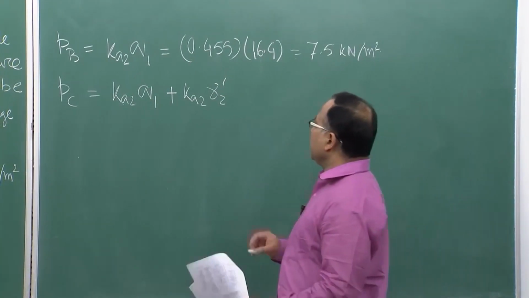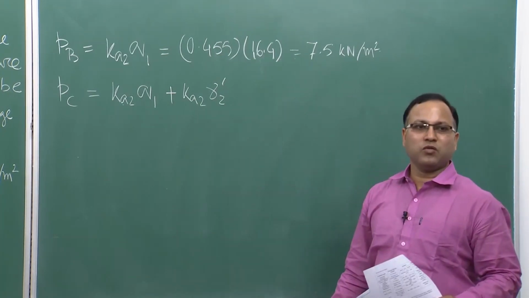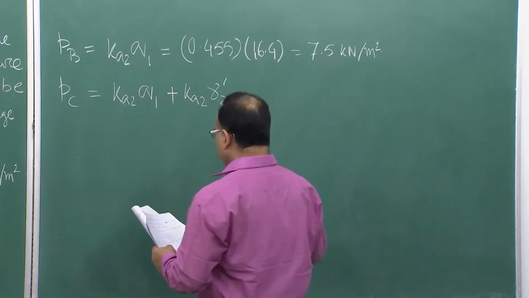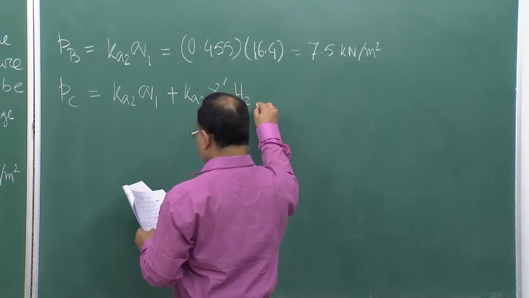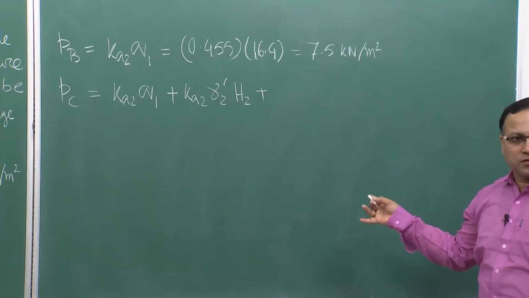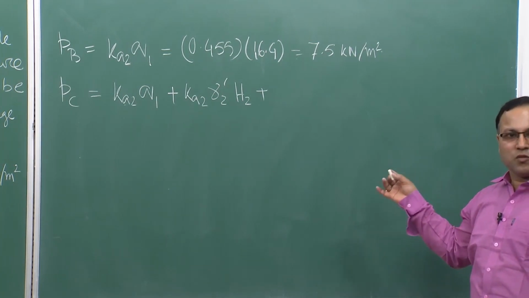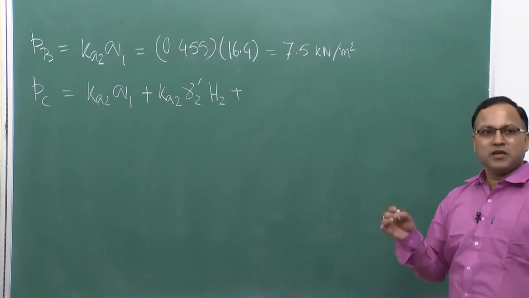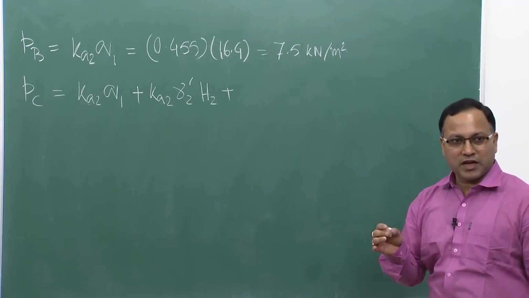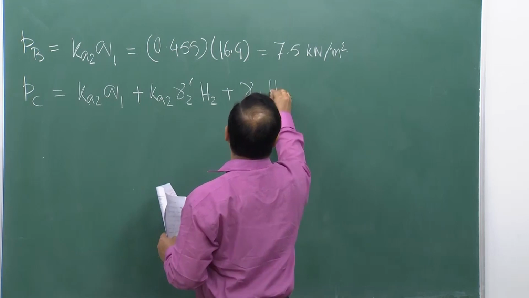Therefore, we have to use gamma 2 prime instead of gamma 2 or gamma saturated, whatever is given in the problem. So, gamma 2 prime into H2. Is that all? No. You will get another component based on the water pressure, because of the hydrostatic pressure. Water is there, so that part will come as gamma W into H2.